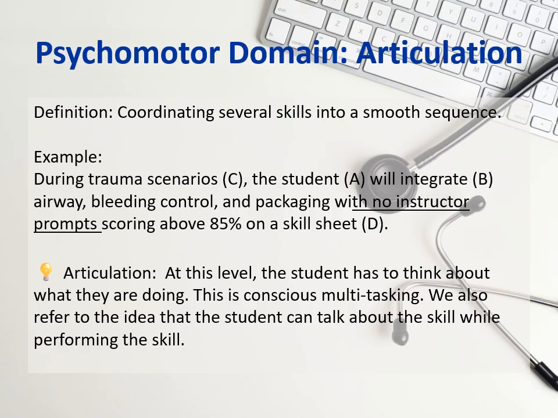They have to be conscious about doing these multiple different things. Where when you're in naturalization, you can multitask and not think about it. I hope that makes sense. I think that is just the way that it's described in the NHTSA curriculum also. I think that's about it there.